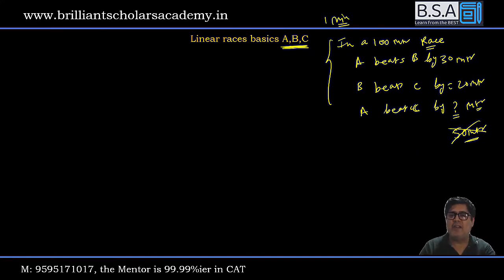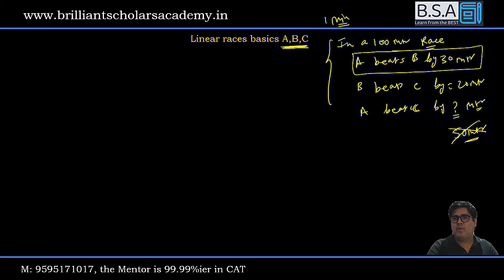So you do not have to always draw the race or the track to answer these things. You focus on what is being said. What this sentence means is, when A travels 100 meters, in the same time, B travels 70 meters.